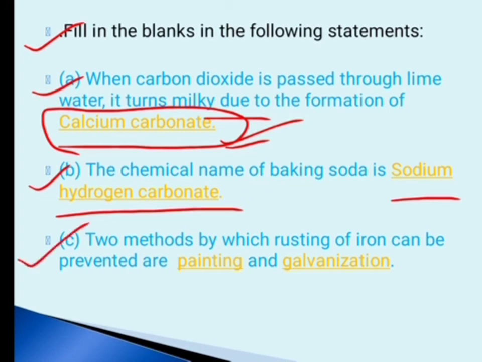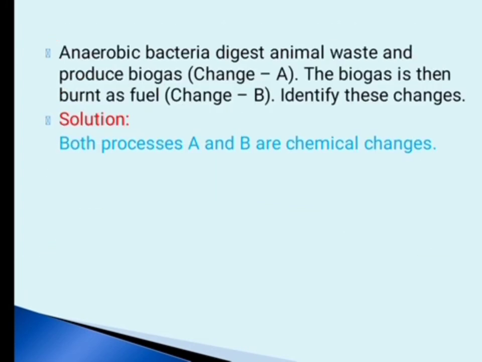The third question is, two methods by which rusting of iron can be prevented are: one is painting and second is galvanization. We can also fill alloying or any other preventive measure. Now come to the next question of your classwork: anaerobic bacteria digest animal waste and produce biogas.